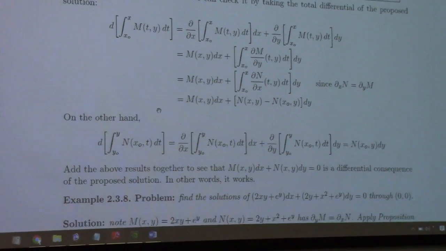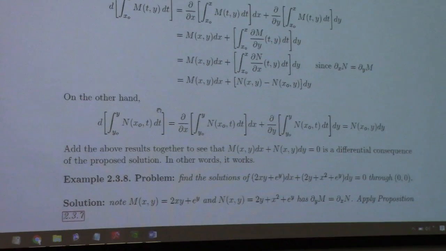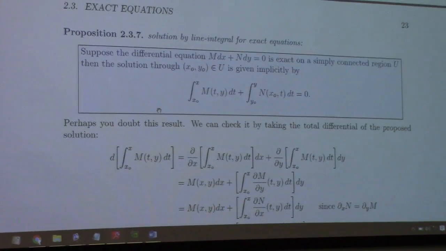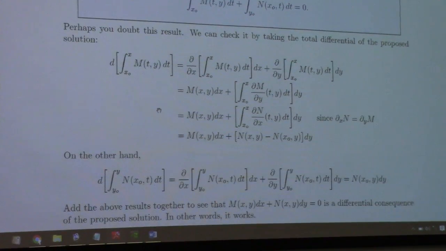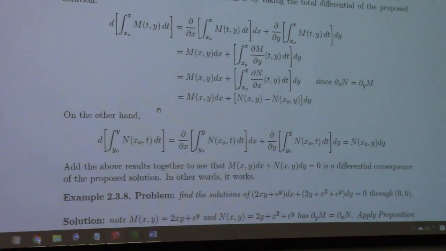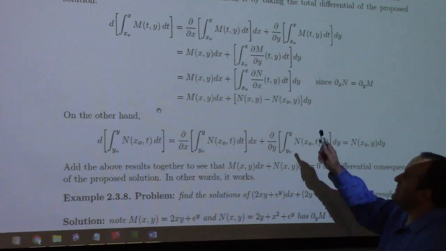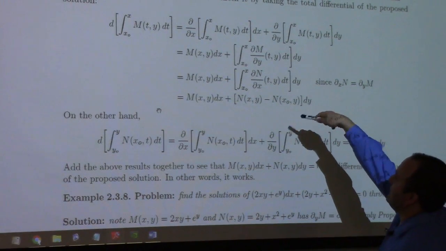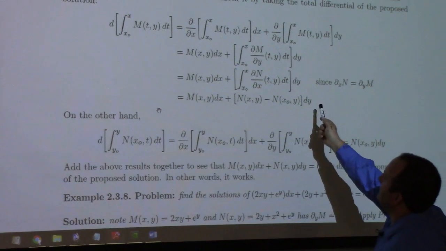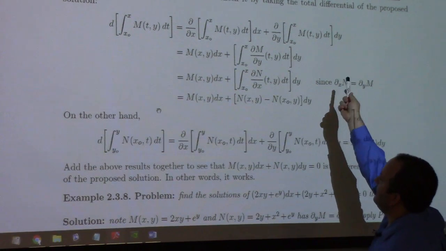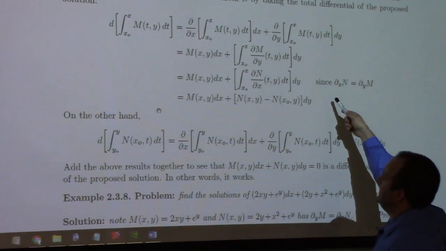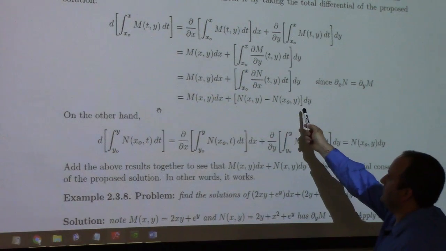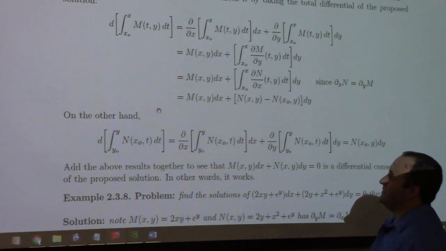So here's a proof that it's right. Again, this is in the notes that I posted, page 23. I'm a glutton for punishment, so I took the differential of that just to check that I was right. And fundamental theorem of calculus, and I got it.